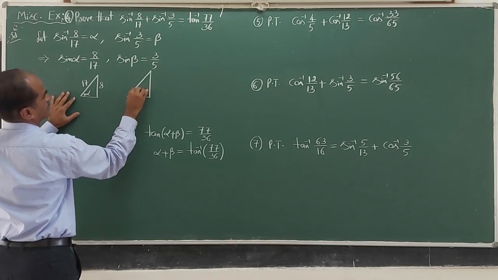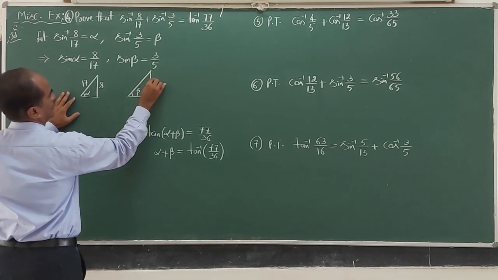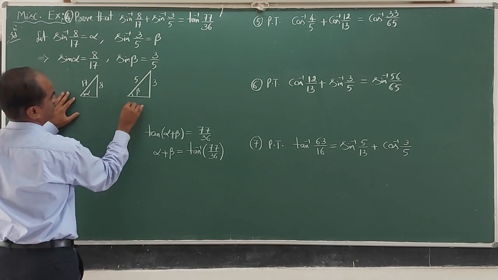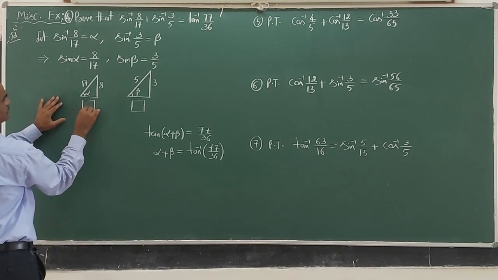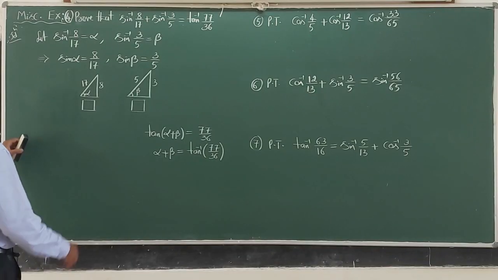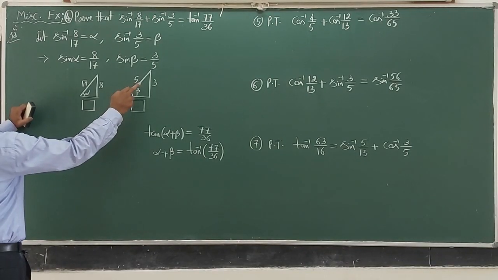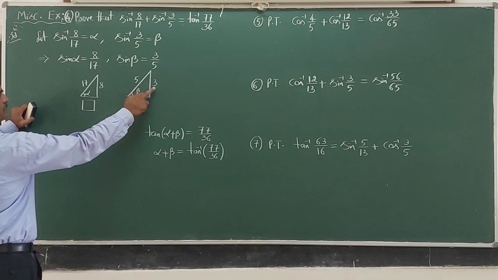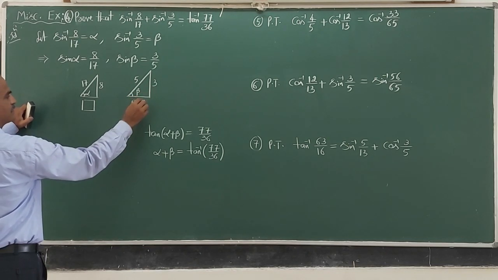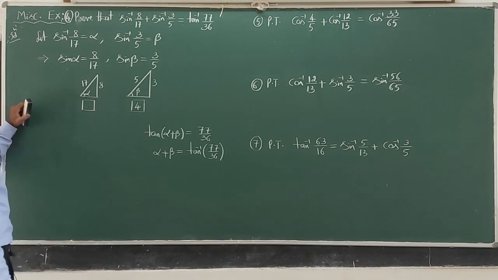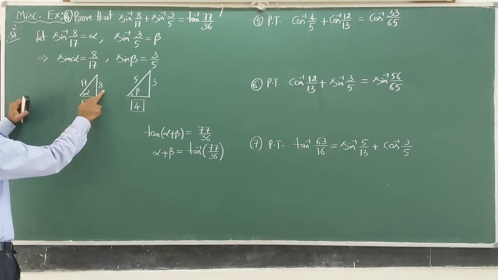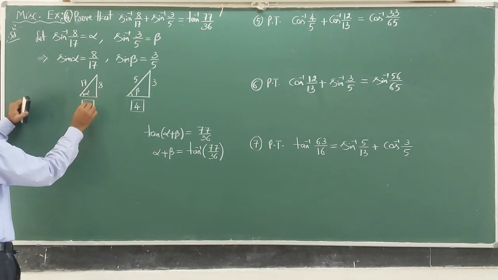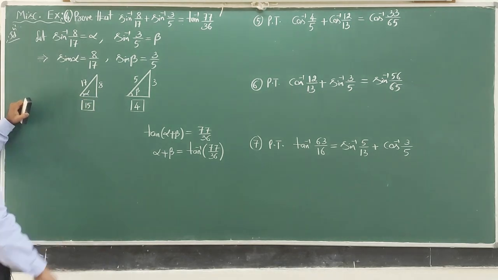In this case, angle is beta, opposite 3, hypotenuse 5. Find the missing side. 25 minus 9, 16, square root of 16, 4. 289 minus 64, 225, it is 15.